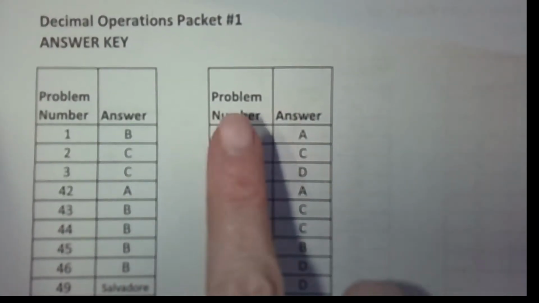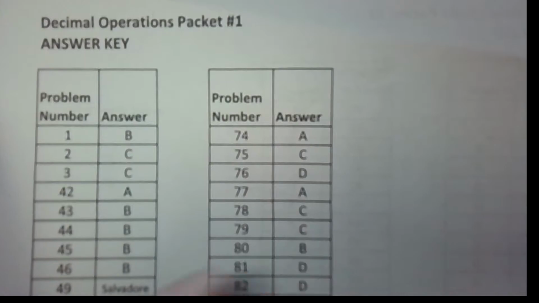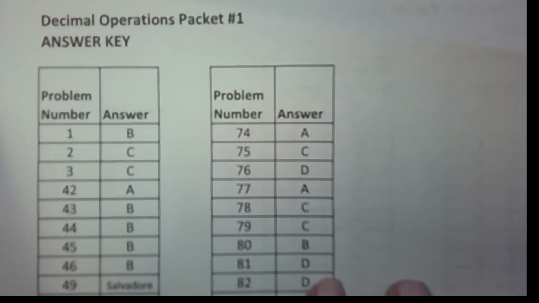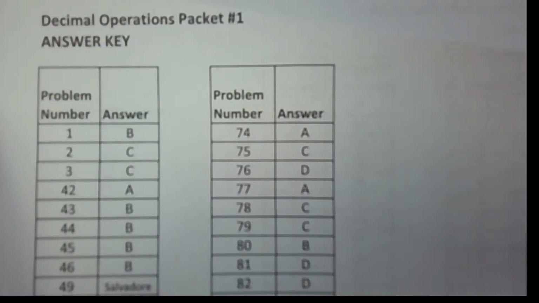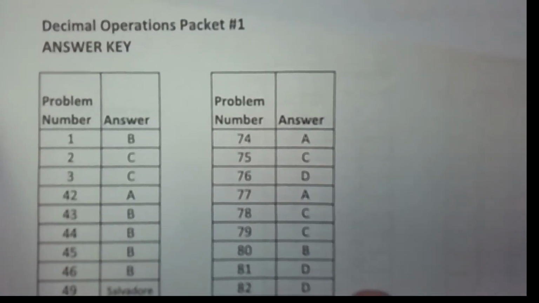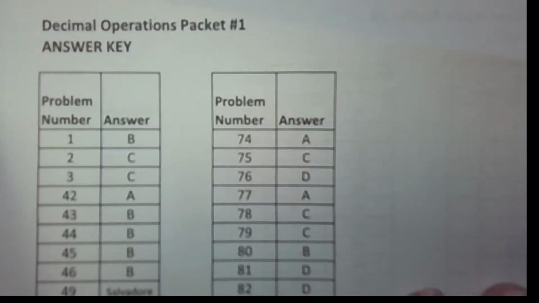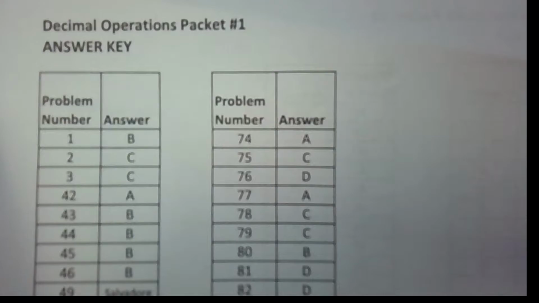This double-sided packet has packet 1 answers on one side and packet 2 answers on the other. So that would give you all the answers to those problems in the packets. Now I hope that those were all correct. If you had any questions about any of those, be sure to let me know, and I will be glad to review and get back with you on that.